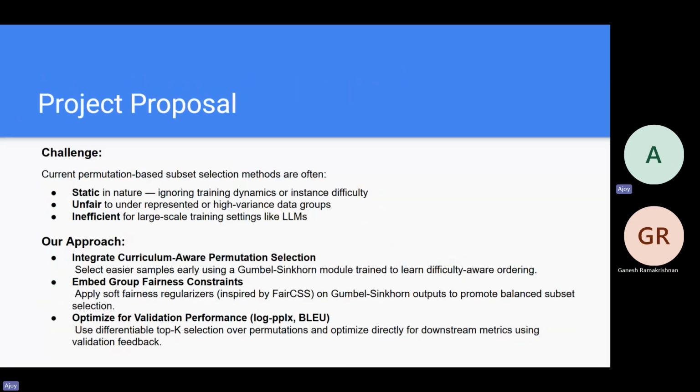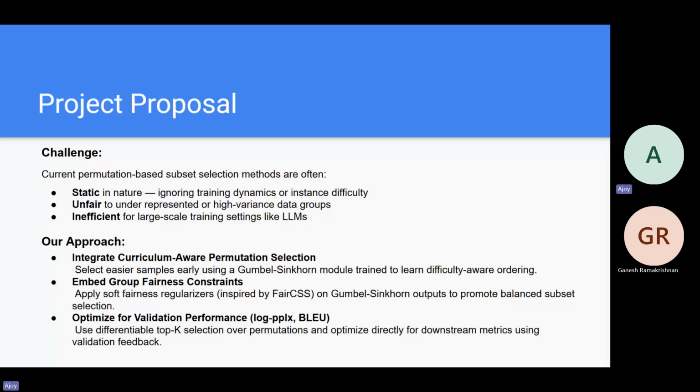Currently, permutation-based models are mainly static, and static means they're ignoring training dynamics, and it is unfair, meaning we are using fair CSS for that, and it's inefficient for large-scale training models.